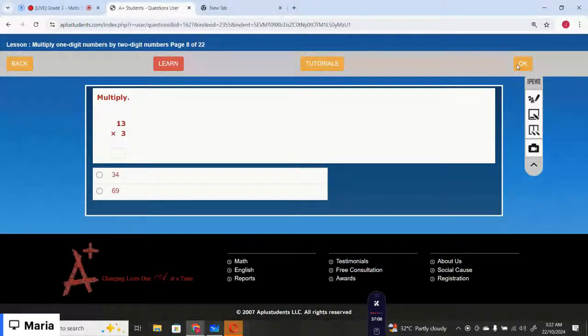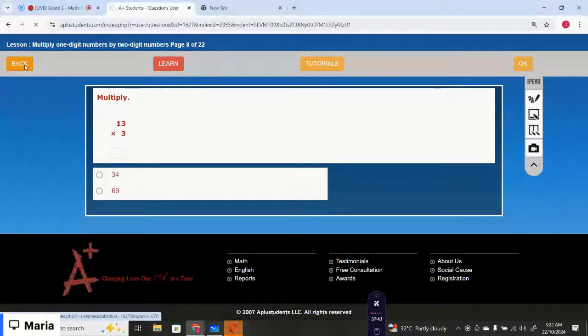No. 3 times 3 is 9 and 3 times 1 is 3. That is 39, right? The given options are not the correct one. That is 39. 3 times 3 is 9. The correct option is 39. But you are not given the correct option over here, right? Neither 34 nor 69. That is 39. Okay, you can complete the lesson by yourself later today. Let's just move on to next lesson.